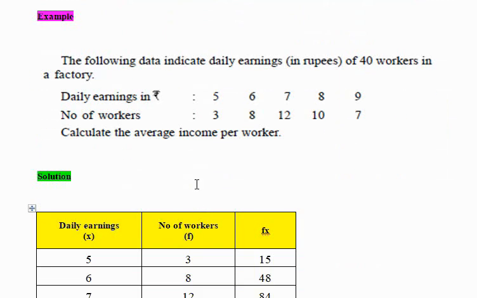Now we can go for an example. The example indicates the daily earnings of 40 workers in a factory. There are 40 workers in a factory and their daily earnings are given: 5, 6, 7, 8 and 9, and the number of workers are 3, 8, 12, 10 and 7.